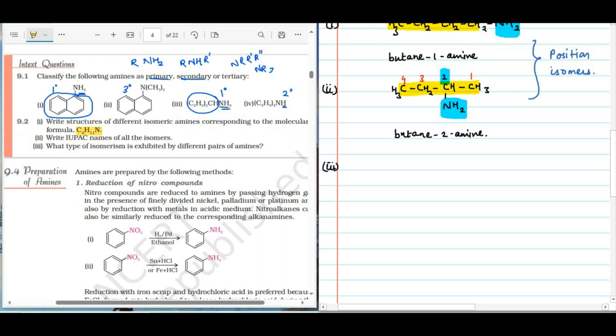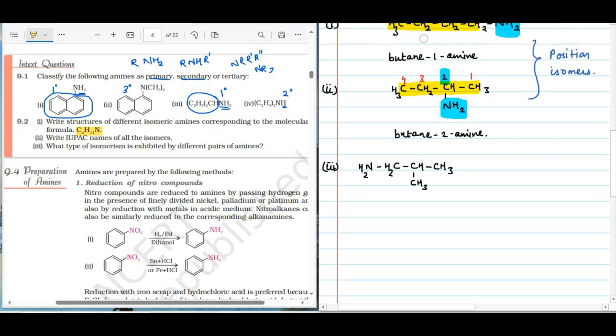So let's draw CH2. Here in this molecule I can attach the amine functional group at the first position. So NH2, CH2, here I can write CH single bond CH3. This time I can attach one methyl substituent at this position.